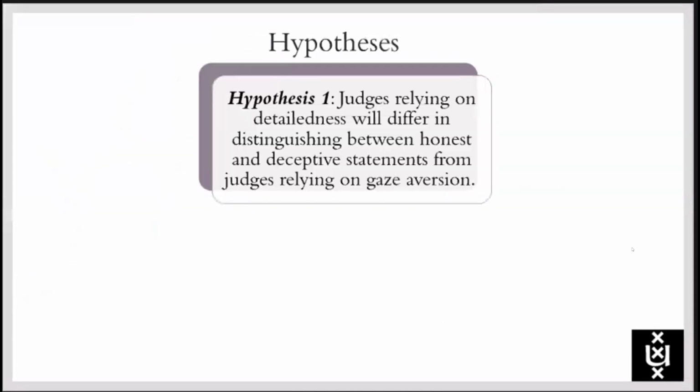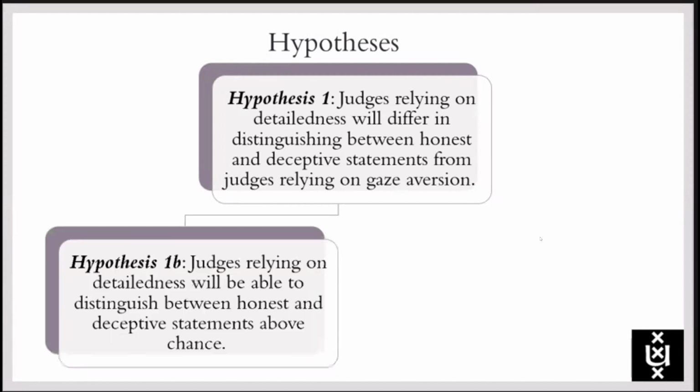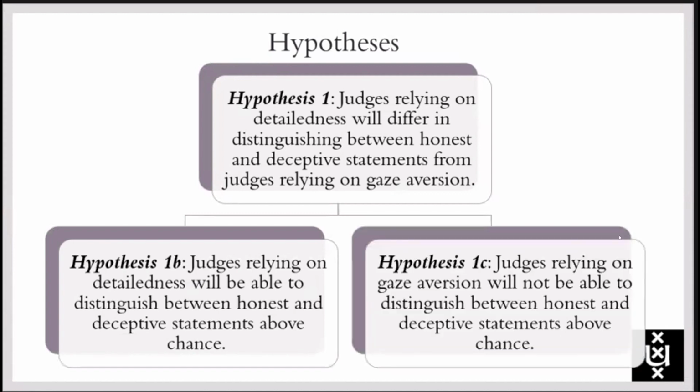And for our hypothesis, we predicted that judges relying on detailedness will differ in distinguishing between honest and deceitful statements from judges who are relying on gaze aversion. Specifically, we expected that judges relying on detailedness will be able to distinguish between honest and deceitful statements above chance, whilst judges relying on gaze aversion will not be able to distinguish between honest and deceitful statements.